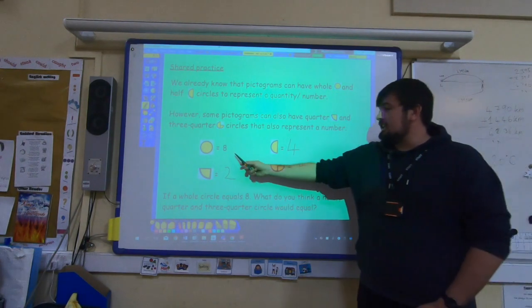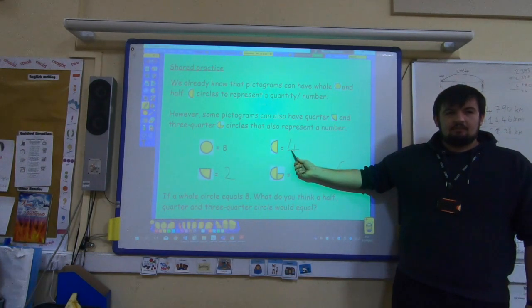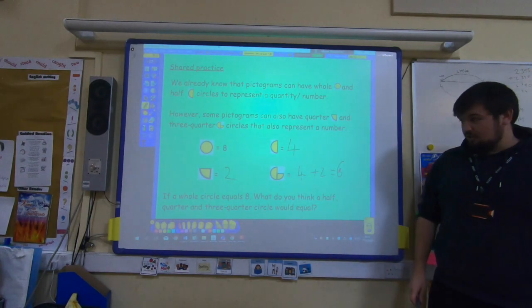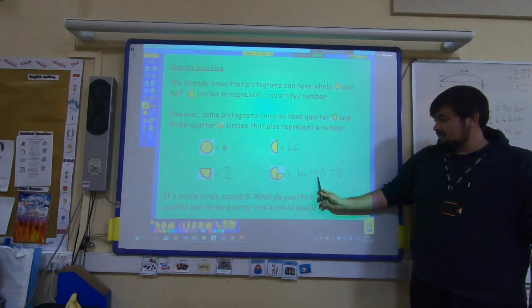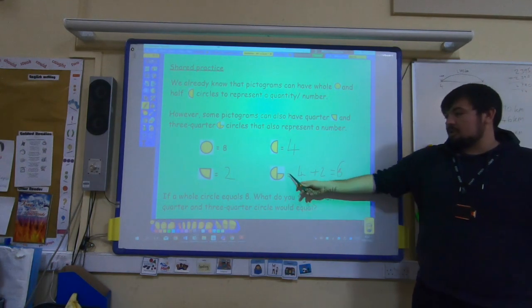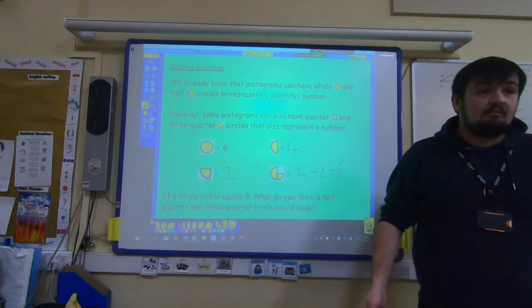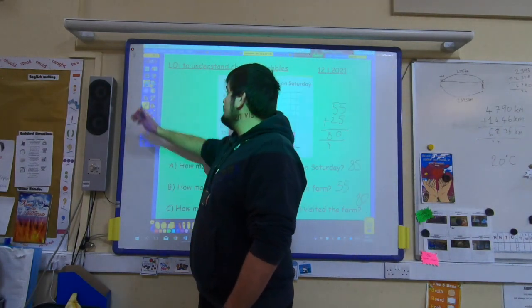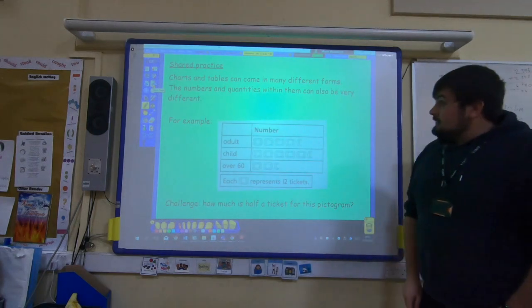So we know that a whole circle equals 8, which means a half equals 4. Which means a quarter is a half of a half. Yep. Which is 2. And then 3/4 is 4 and 2. Yeah, because we know that 3/4 is just a half a circle and a quarter. 4, 6, 8. Good maths, girls. Nice stuff.